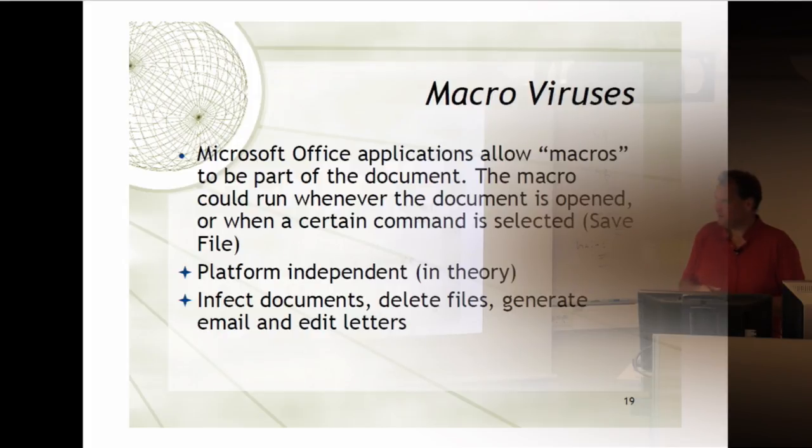And we have these macros in different Office applications. We have them in PDF files, and there are other file types as well that have this macro capability. And that macro is really code, but it's code that is part of a normal document, not an application. So we don't normally see them as applications.